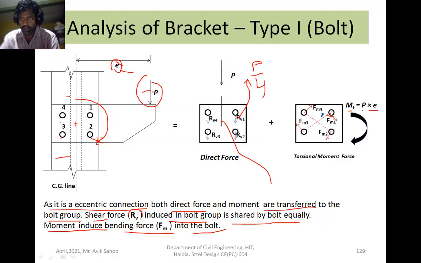So this applied moment is distributed among the bolts, because the applied moment and the resistive force developed by the bolts are balanced.